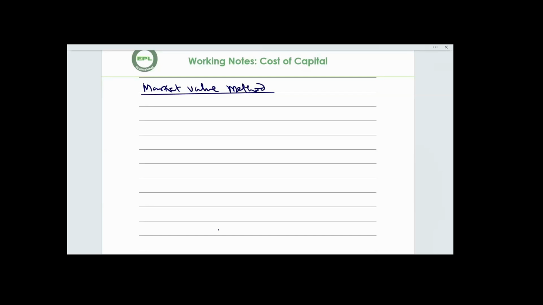All right, so let me put it down for you. The market value represents the price or the value determined by the market forces of demand and supply.